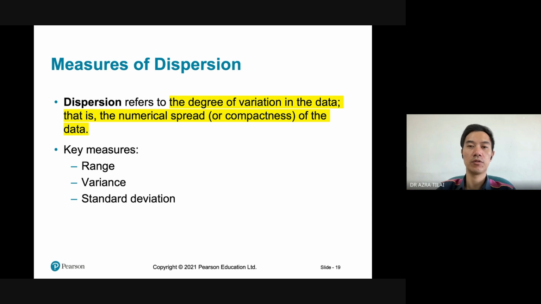So if you are a good shooter, when you shoot at the board and you hit the bull's eye, normally you get a higher mark.